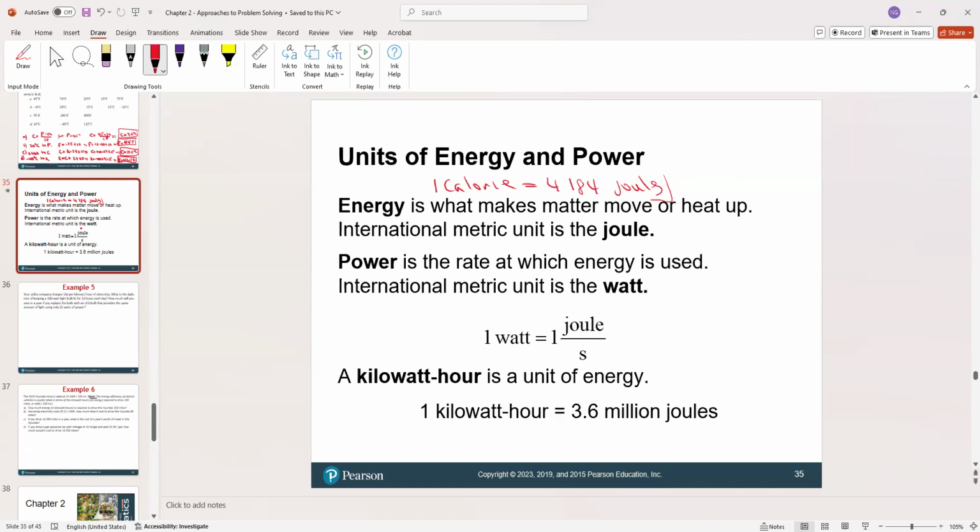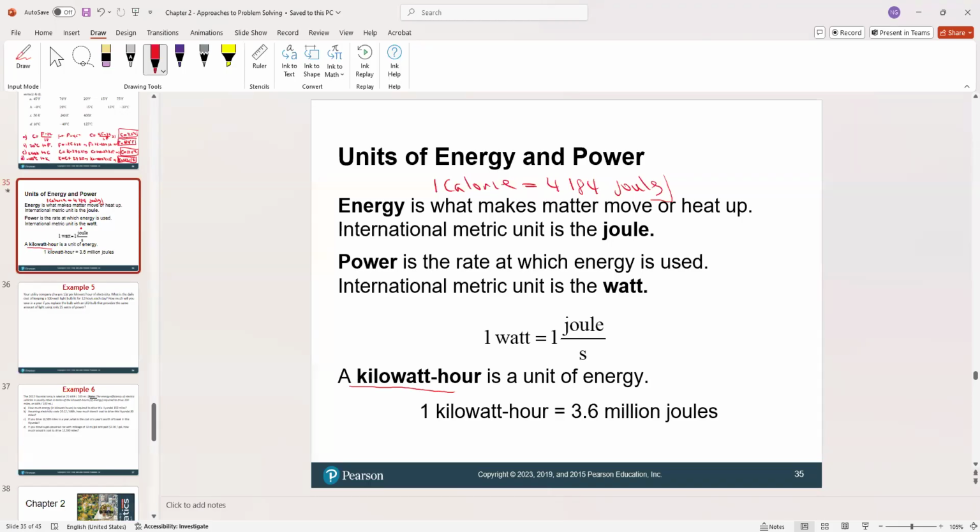On utility bills, electrical energy is measured in units of kilowatt hours. A kilowatt hour is a unit of energy. The hyphen implies multiplication. So 1 kilowatt is 1,000 watts, which is 1,000 joules per second.